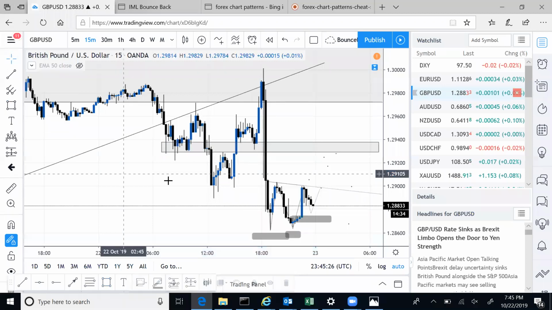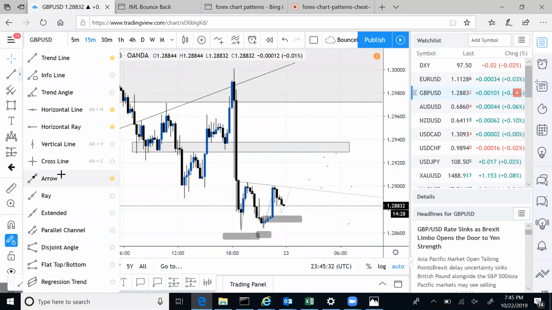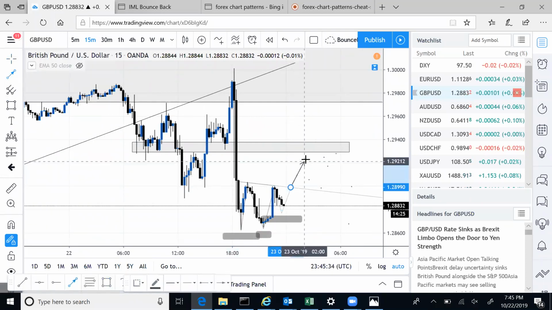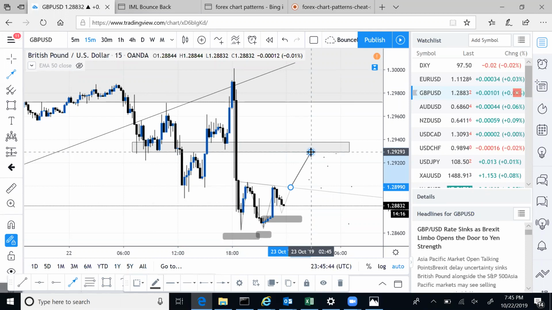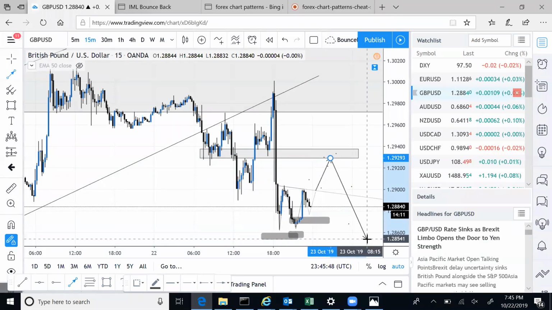That's my first zone. So I'm looking for the market to impulse, potentially come back up here, form a reversal pattern, then continue the drop to the downside.